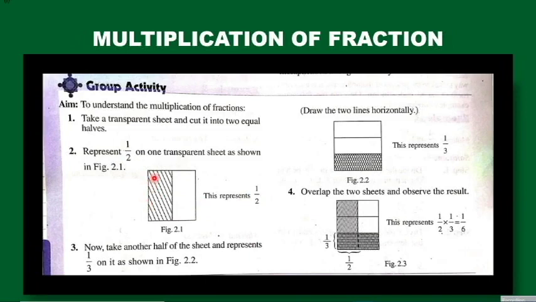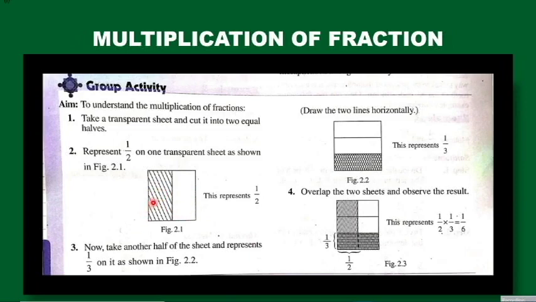Why is it 1 by 2? One part is shaded out of 2. There are a total of 2 parts, 1 and 2, and I have shaded one part. The parts are equal.